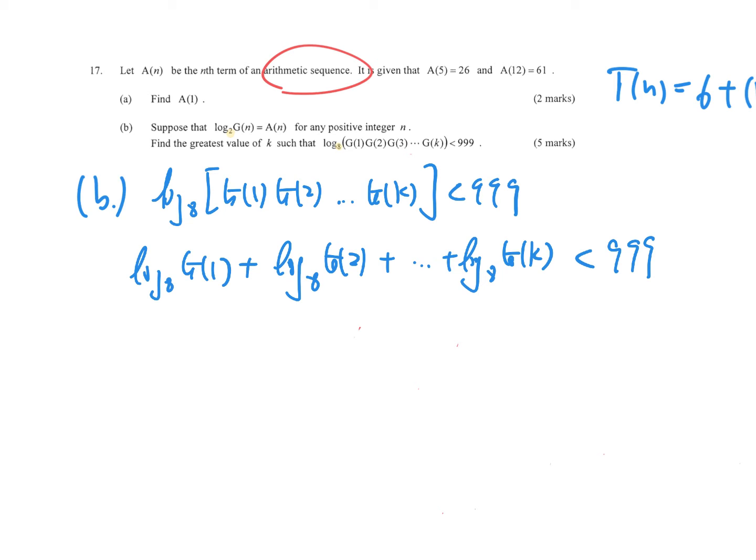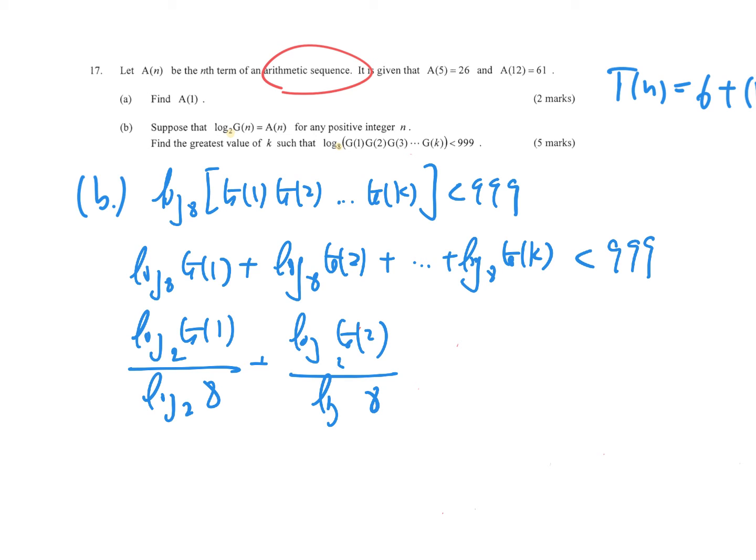Since the bases are different, and we need to use a_n, we can change the base like this. Because it is base 2, we put base 2 here. This is the property of logarithms.